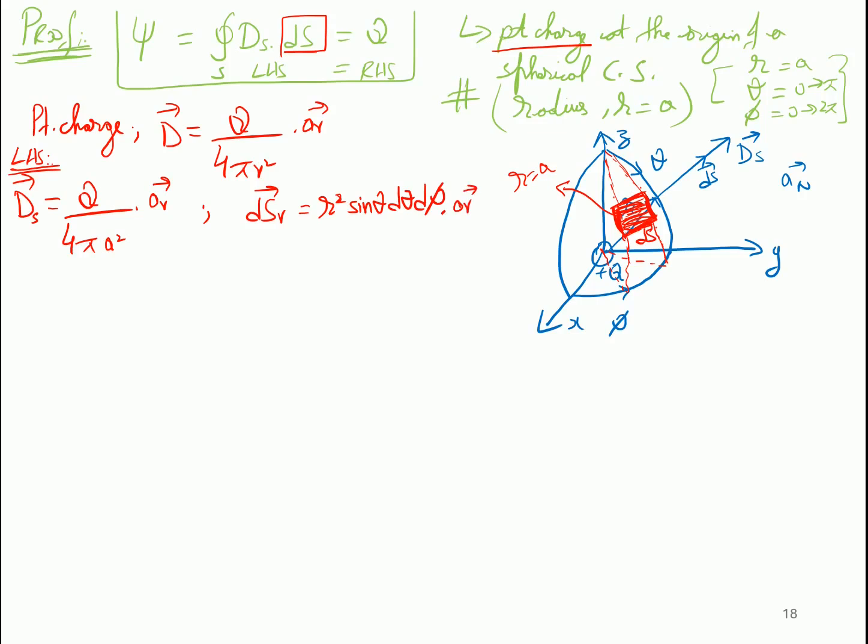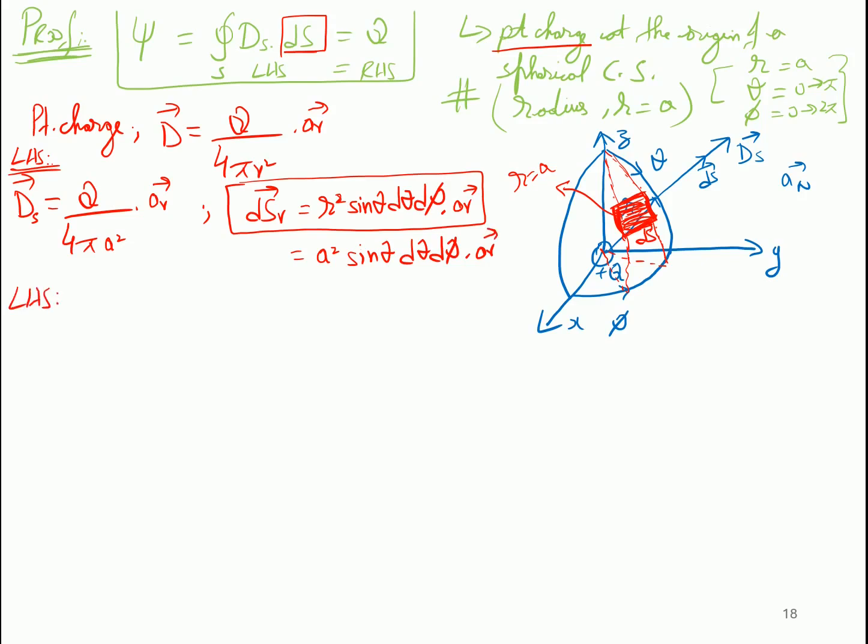So now we are finding a surface area along r, and this is the value for the differential area for the spherical coordinate system. Now I can replace r with a, so a square, and the remaining equation stays the same, sine theta d theta d phi along the a r unit vector. Now incorporate everything into the equation.